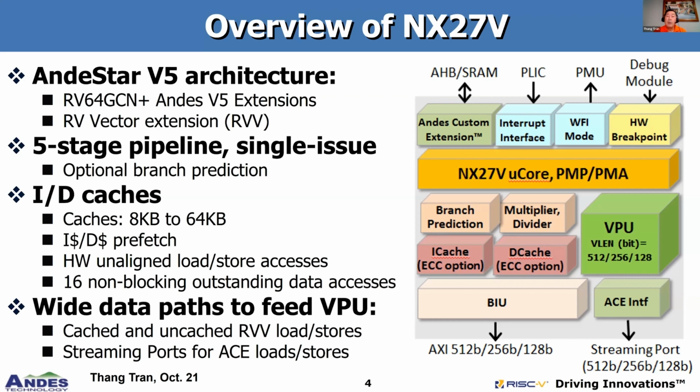The VPU includes both cacheable, uncacheable, and custom accesses to external co-processor or local memory. The load store unit allows 16 non-blocking and out-of-order data accesses to external memory, which is good for performance.